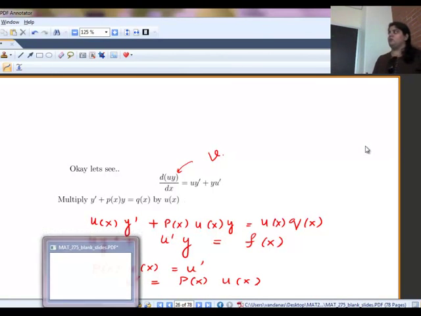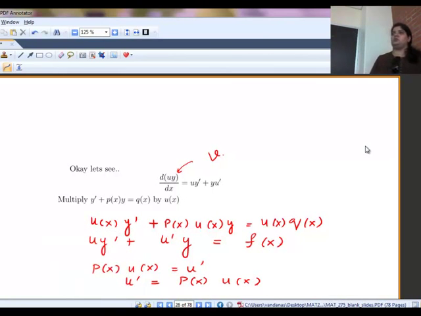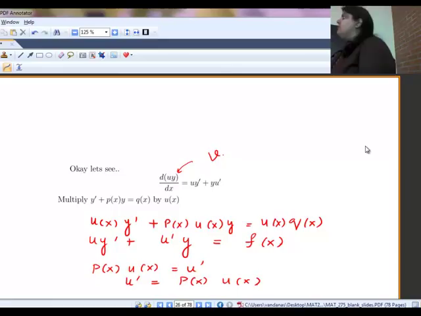Can we solve for this u? p(x) is given to us from the problem, right? From the first order linear problem given, p(x) is known to us. So if you have p(x), can you solve for u in this equation? This u is magical here, and this u has a name for this kind of differential equation.